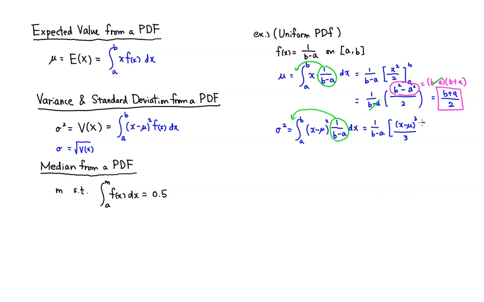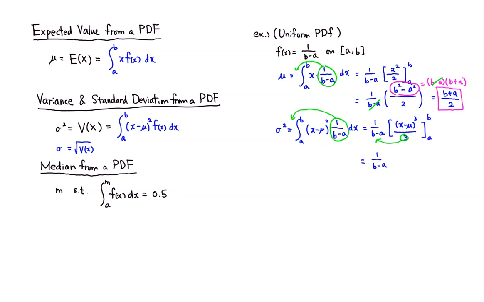And then you're going from a to b, right? So this is going to be equal to 1 over b minus a. All right, I'm going to put 1/3 outside, so I'm going to kick this guy outside.